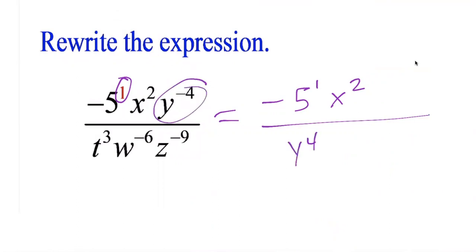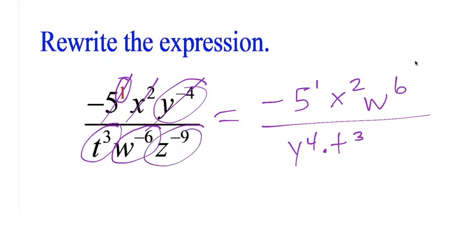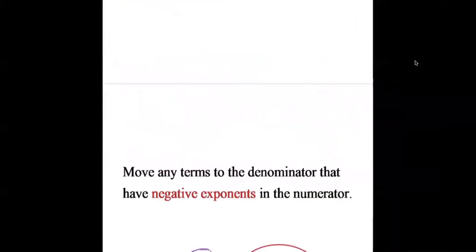Well, that takes care of that one, and that one. So we got 3 down. Now we look over here, that t3 is not a negative exponent, so it gets to stay where it's at. This is a negative exponent, so it moves to the top. And this one is also a negative exponent, so it also moves to the top. So it's a lot of trading places is basically what's going on. All right, so let me catch back up to the notes over here.